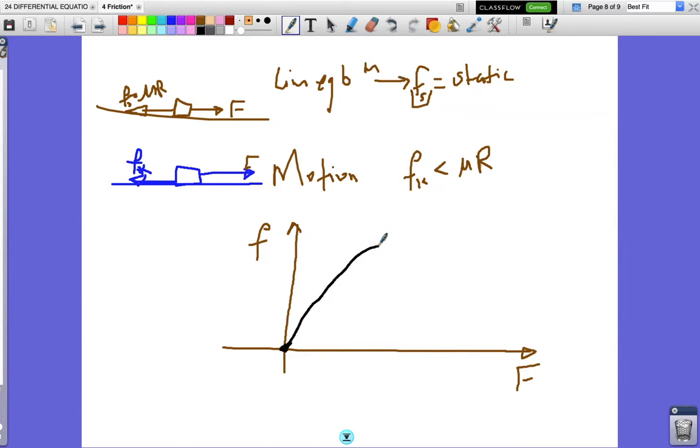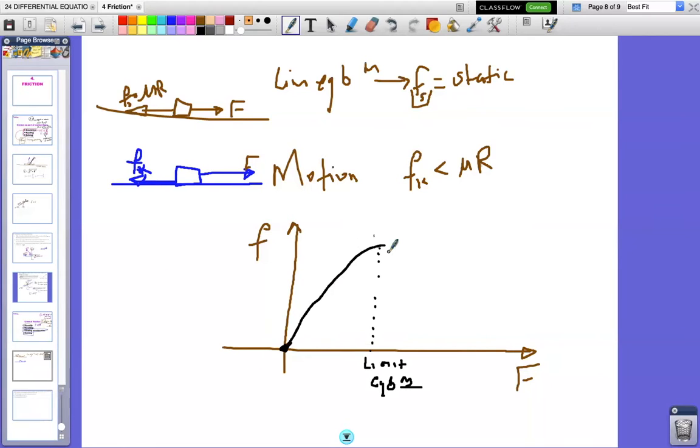So what we are saying is that when it reaches this maximum value at limiting equilibrium, when you increase this force a little bit more, the frictional force will decrease a little bit before it then stays constant. Okay? We already saw that in our demo last time. So this value here is mu R.